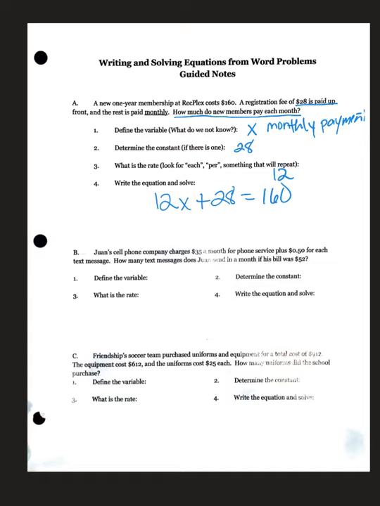Now, to figure out how to solve for x, you know the first thing you do is get rid of the constant by doing the opposite. To move it across, you do the opposite, which would be subtract 28. And that'd be 12x equals 132. And then the last step is the opposite of multiplication, which would be division, because 12x means 12 times x.